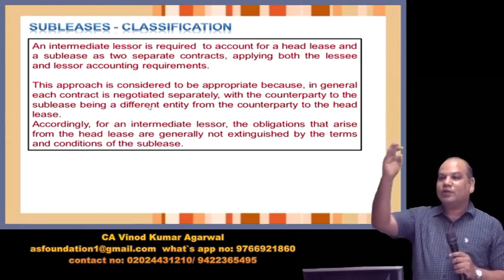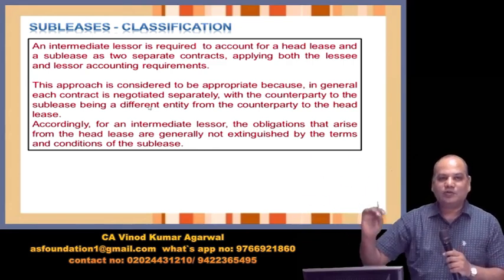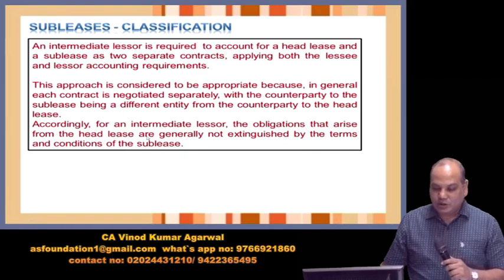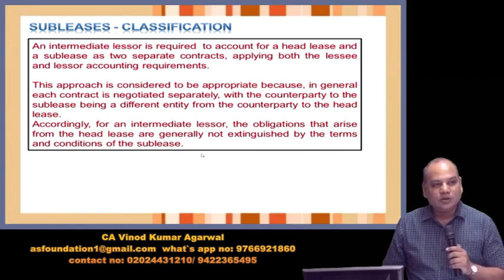For head lease, X Limited is my counterparty. For sublease, Y Limited is my counterparty. Accordingly, for an intermediate lessor, the obligations that arise from head lease are generally not extinguished by the terms and conditions of the sublease.